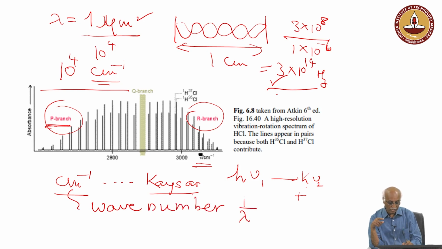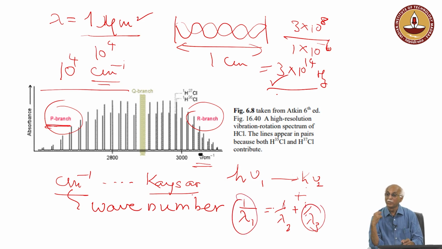Because there is a very easy relationship, in terms of 1 upon lambda 1, 1 upon lambda 2. So, it is easy to add them, instead of taking the reciprocal and then finding the answer.